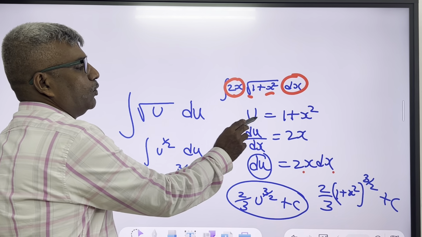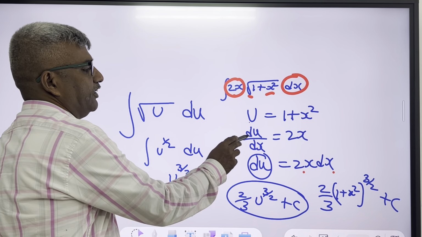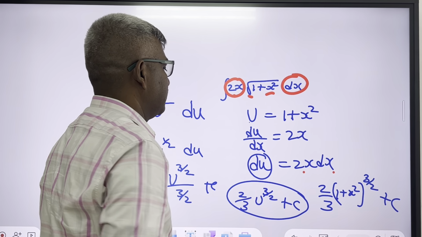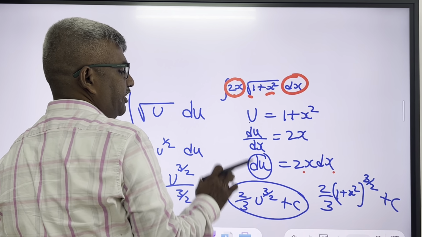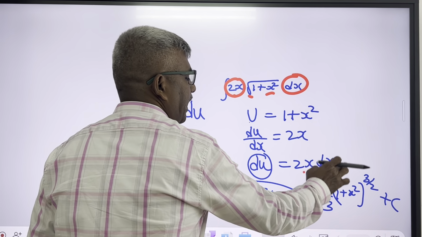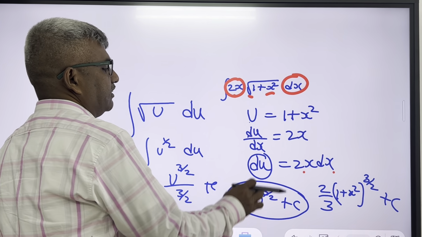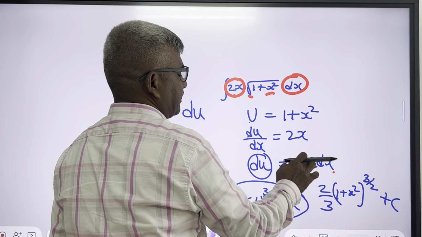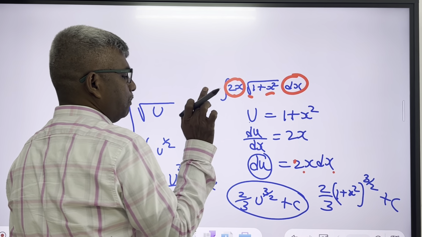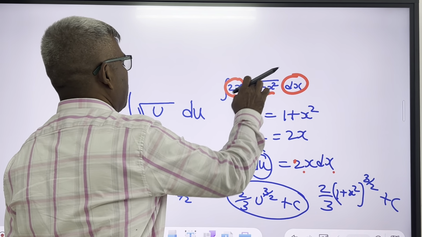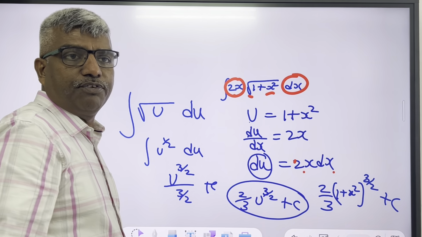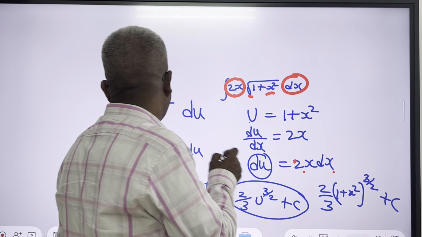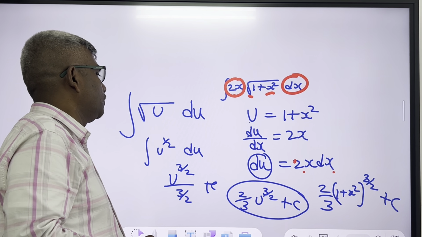Just I put u equal to 1 plus x squared, then du by dx, if you differentiate 1 plus x squared, is 2x. Then I rearrange: du equals 2x times dx. Look at the question: 2x dx, instead of 2x dx, I put du. Square root of 1 plus x squared, I put square root of u, because 1 plus x squared is u. So now integration of root u du.